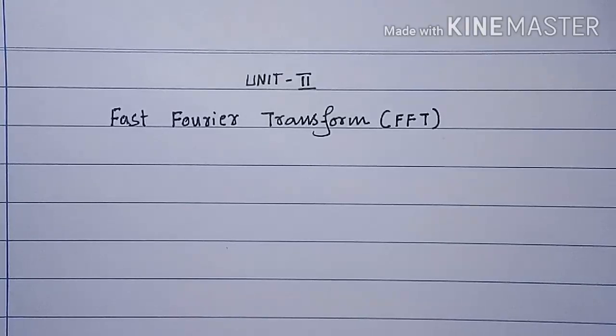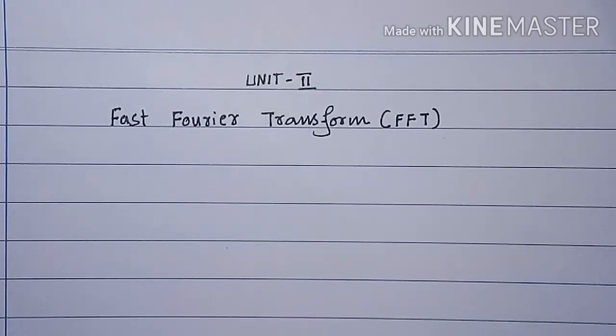In short, fast Fourier transform is written as FFT. The fast Fourier transform is a method or an algorithm for computing the discrete Fourier transform with reduced number of calculations.